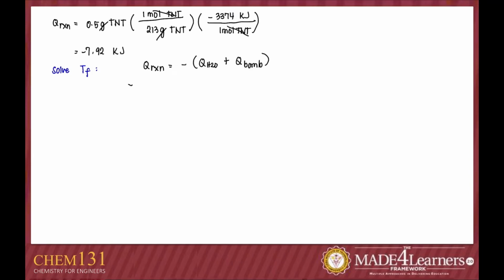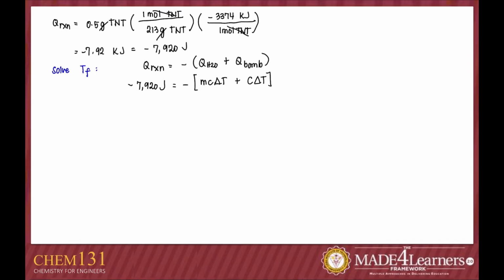So let's make this joules. This is negative 7,920 joules, okay, equals negative. Let's change this into the formula. MC delta T plus C delta T.